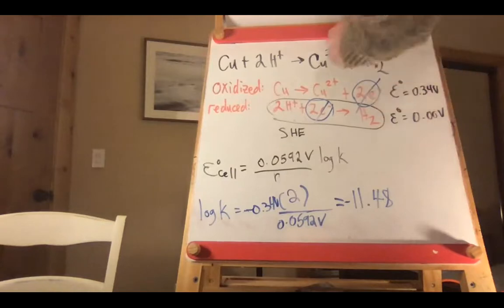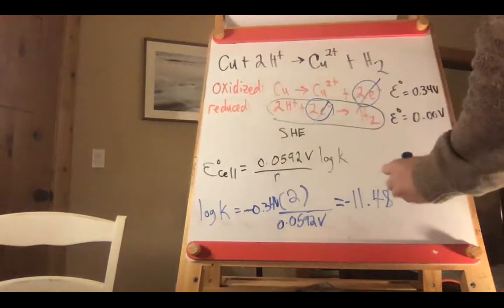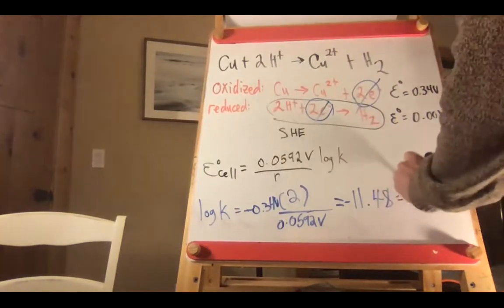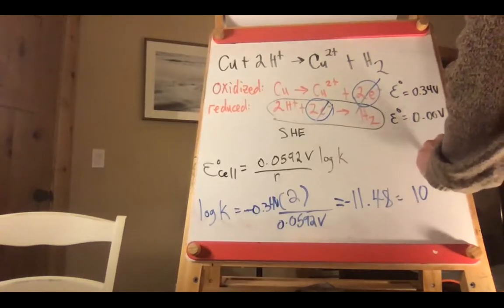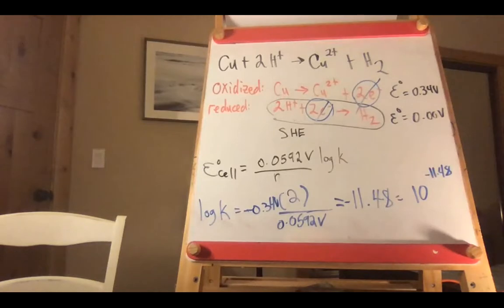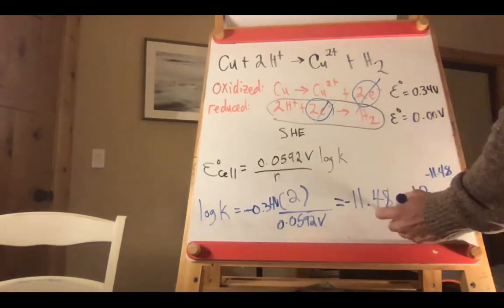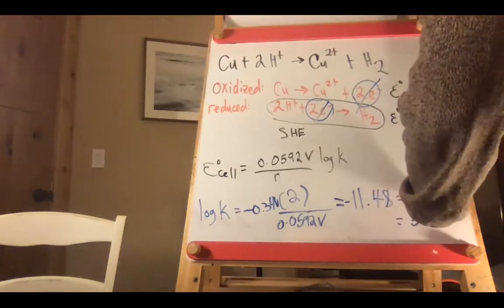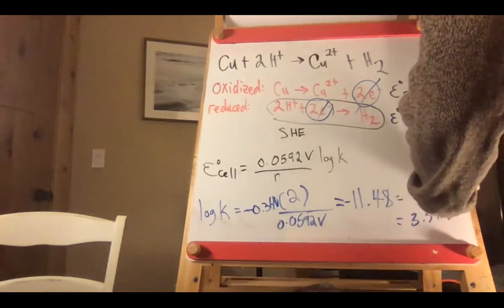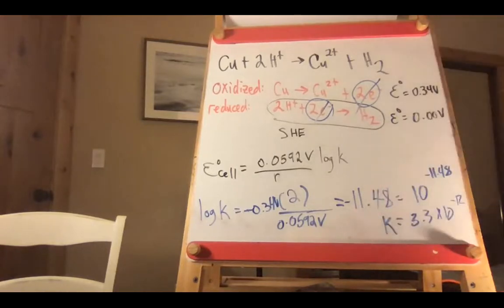Now, to get K by itself, we can say that K is equal to 10 to the negative 11.48, and that is equal to 3.3 times 10 to the negative 12. Okay, 3.3 times 10 to the negative 12. And that is how we solve that problem.